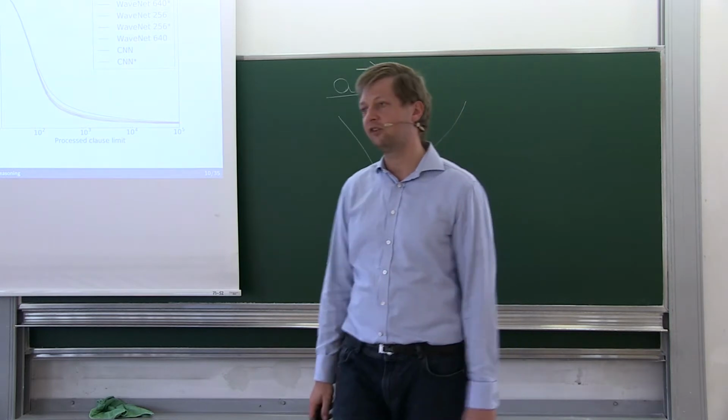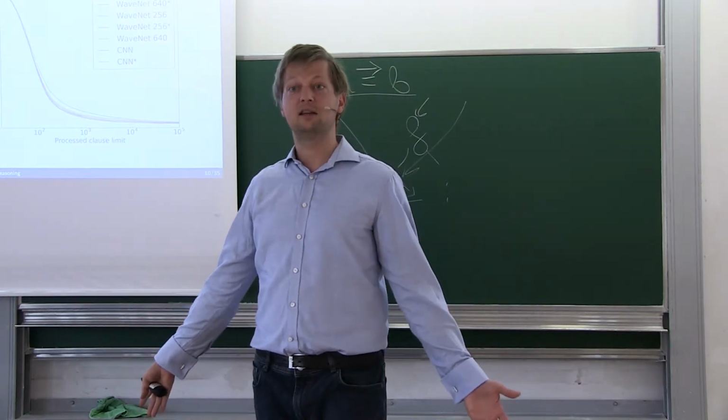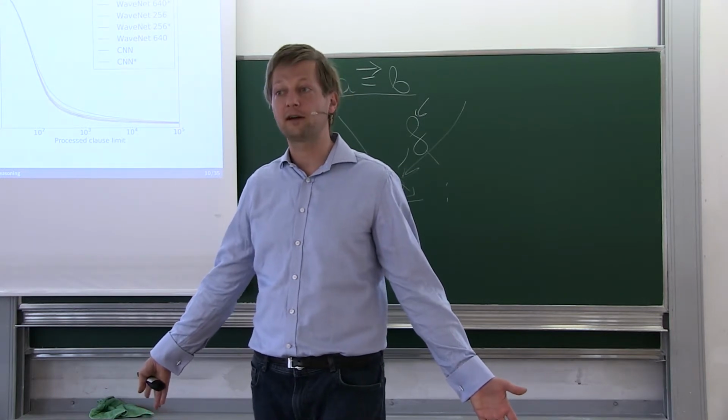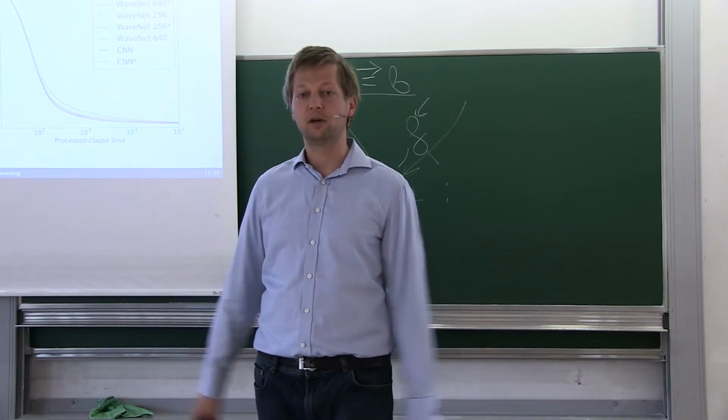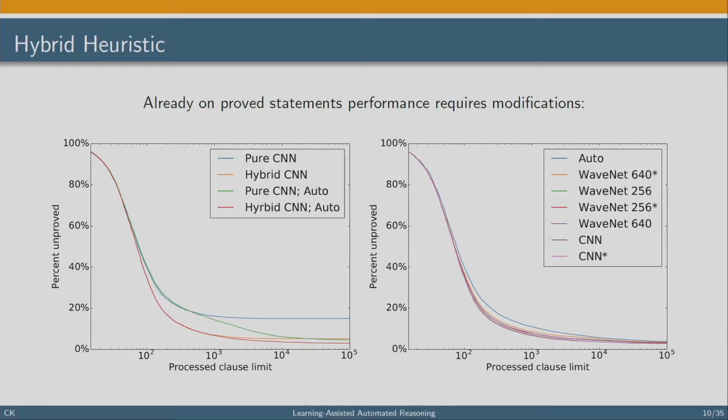The second thing is it comes out that even then it becomes too slow to be usable in practice, so you want to combine it with the best heuristic that is present in E prover. So we're creating this so-called hybrid heuristic, which combines the auto mode with the TensorFlow selected best clause in the way this has worked normally.